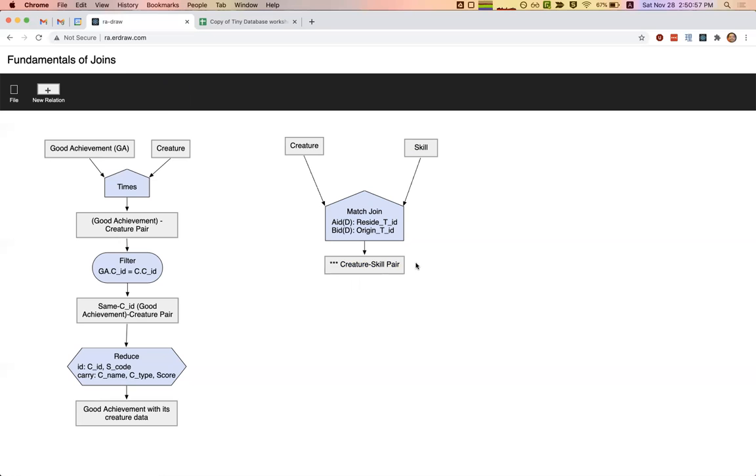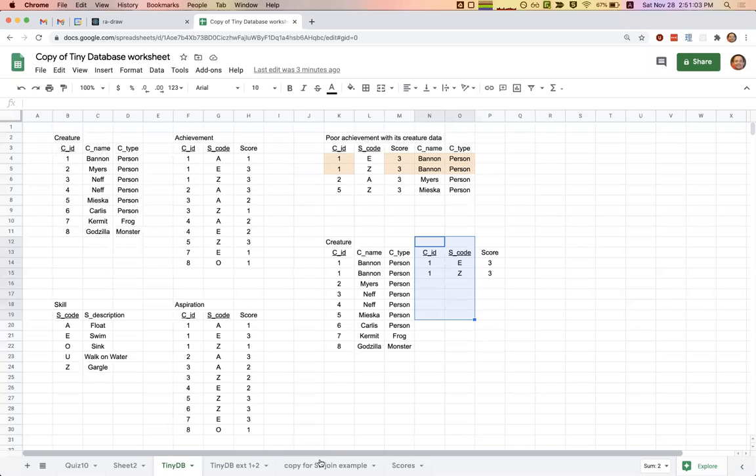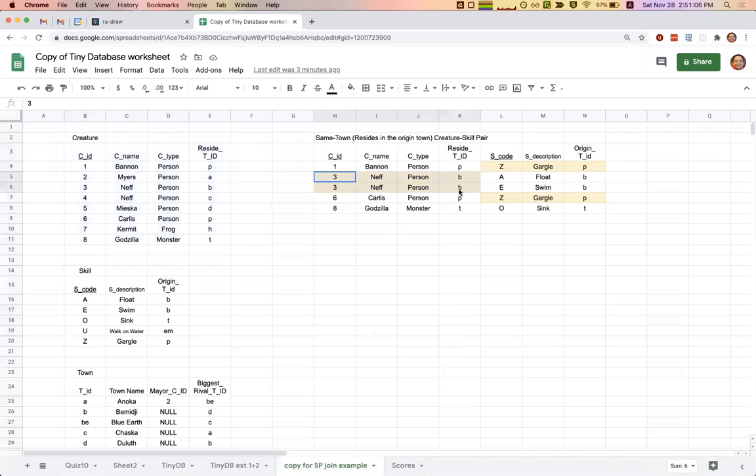By declaring it as disjoint on both sides, we know that we can have multiple matches on both, which is what we discover here. We have multiple creatures that match against the reside town of Philly, and multiple skills that match against the origin town of Bemidji.